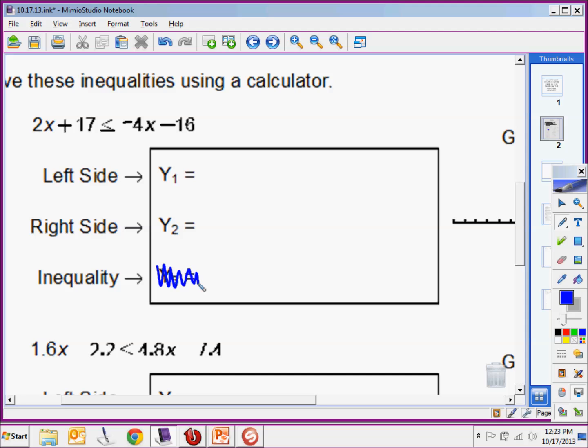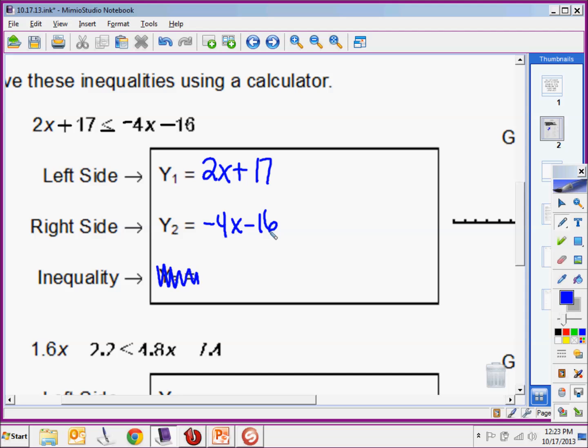All right, the left side of my function is 2x plus 17, so that's what I'm going to graph first, right? Yes. The right side of my function is negative 4x minus 16. And what am I looking for? You're looking for the intersection.